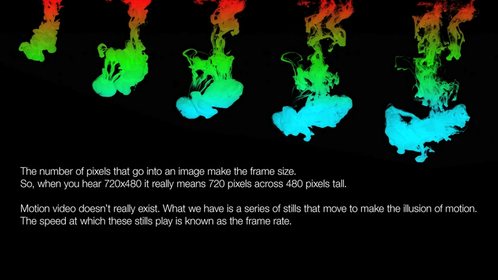Moving video per se does not exist. We have the technology to play stills at a certain speed so that the brain can connect them, so we have the illusion of movement, but in truth, we are just playing stills. The speed at which these stills change is known as frame rate. In NTSC, which is the video that we use in the United States, the frame rate is 29.97 frames per second. 2 other video standards used throughout the world are PAL and SECAM, both of which have a frame rate of 25 frames per second.